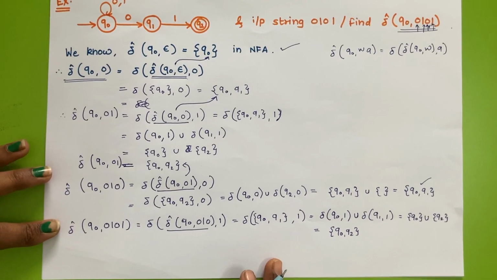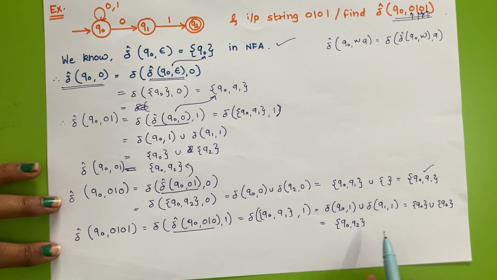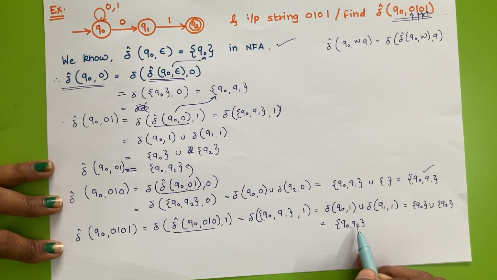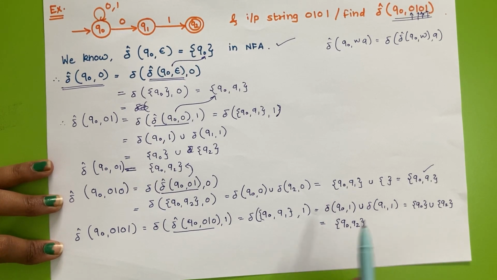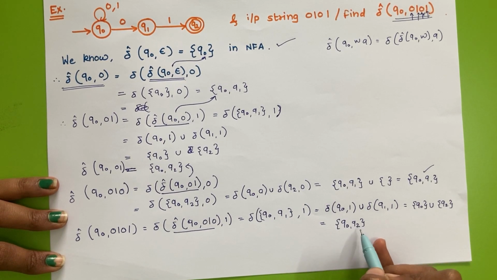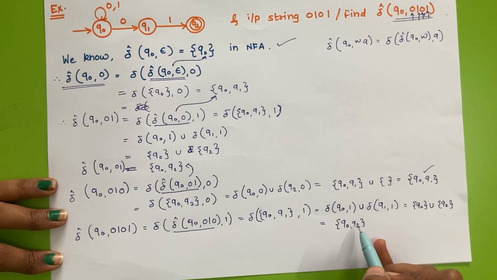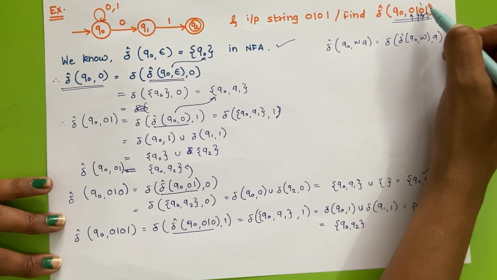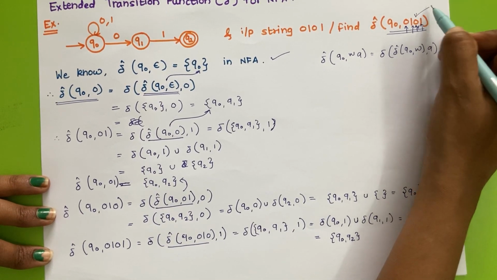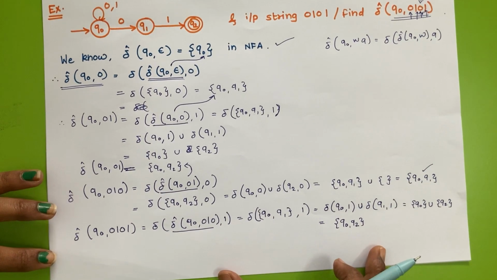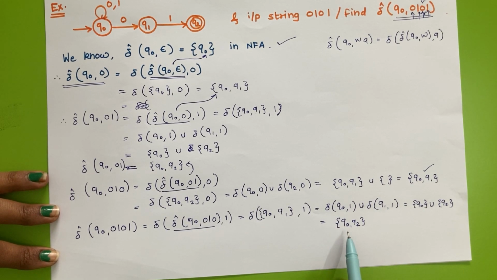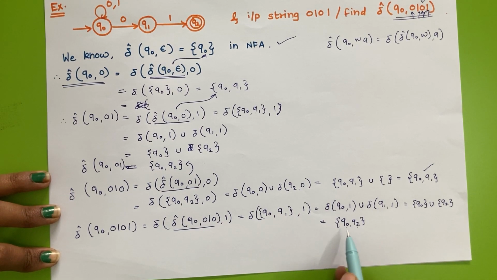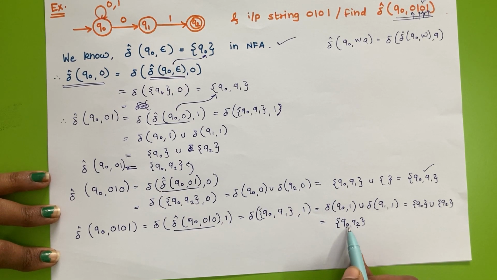Now we have seen that the output is Q0, Q2. In case of DFA, if we get a single output state and that state belongs to the set of final states, then we can say that this string is accepted by the given DFA. But in case of NFA, we have received two states, which means the output state may be Q0 or the output state may be Q2.